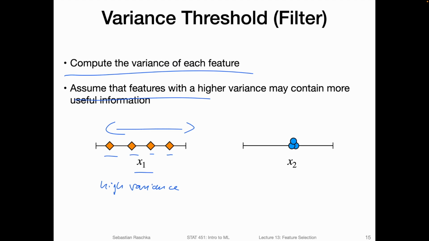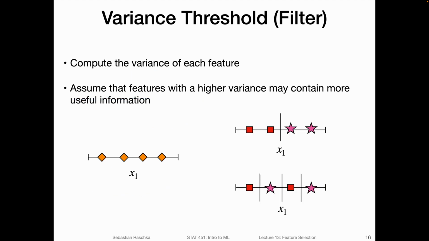On the right-hand side, we have a feature with a low variance. In this case, the feature is less spread out. And you can maybe already see why a higher variance might be better, because it allows us to construct decision boundaries based on that feature.